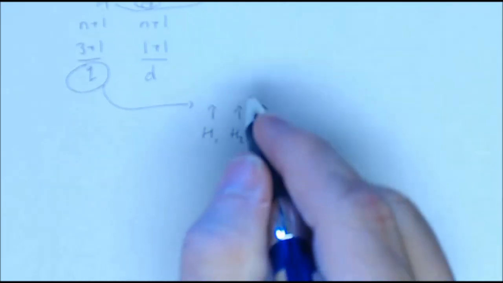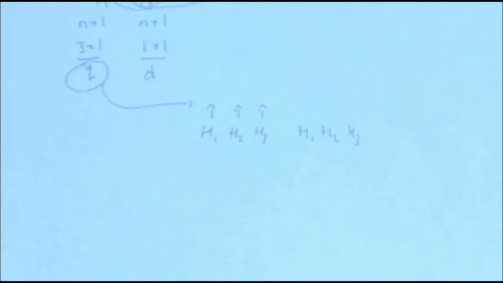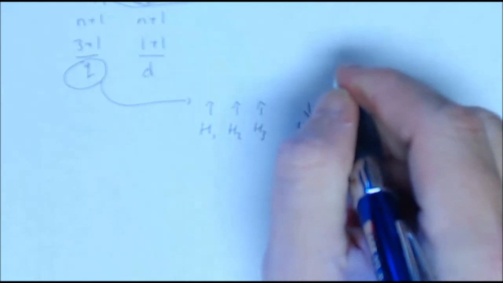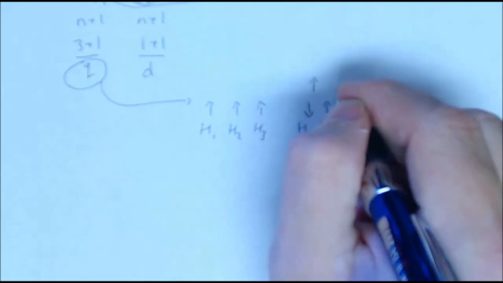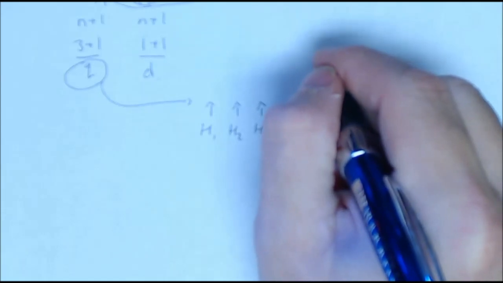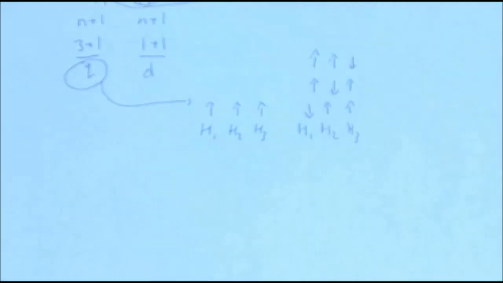That means we've got a magnitude that is multiplied by all 3 of them pointing in the same direction. I'm also going to have a setup where I've got H1, H2, and H3, with 1 pointing down and 2 pointing up, or number 1 pointing up, number 2 pointing down, number 3 pointing up, or number 1 pointing up, number 2 pointing up, and number 3 pointing down.